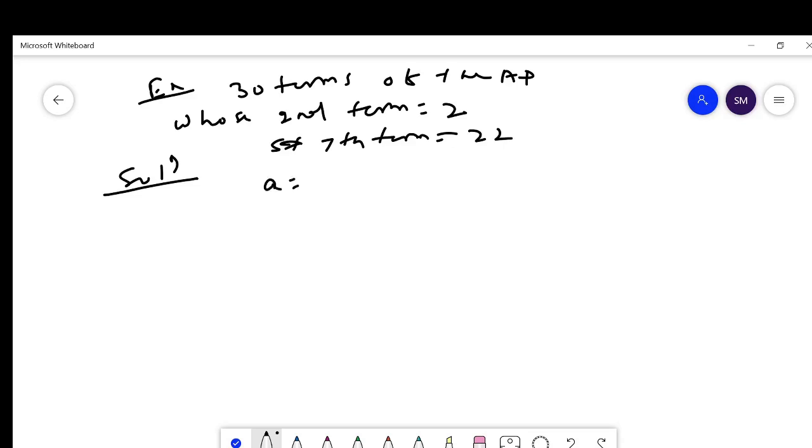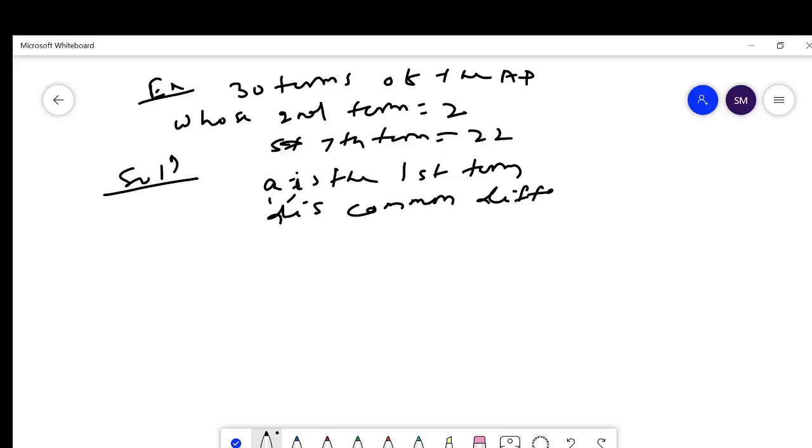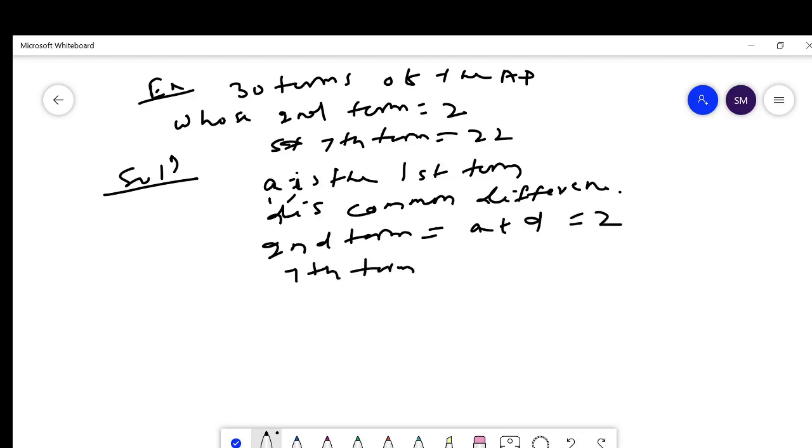The second term is a plus d, equal to 2, and the seventh term is a plus 6d, equal to 22.